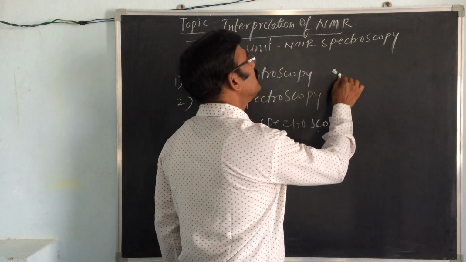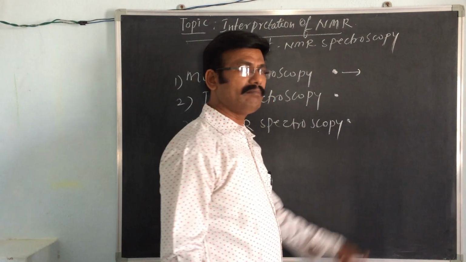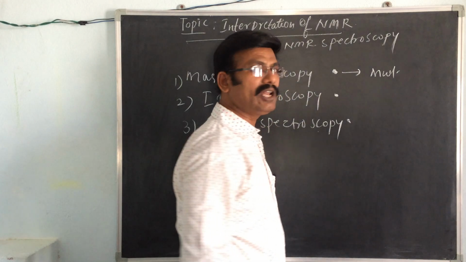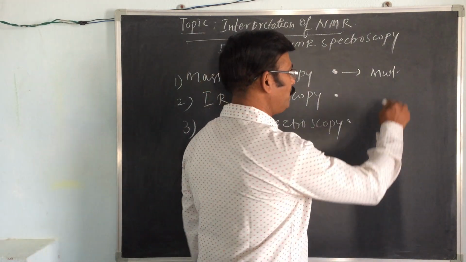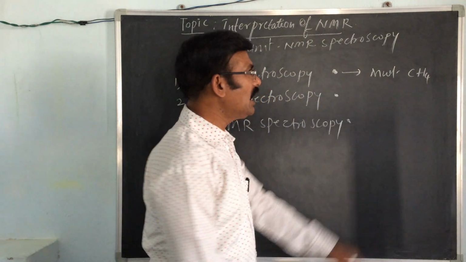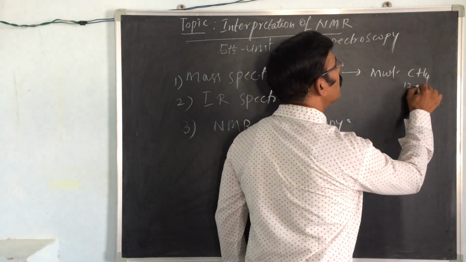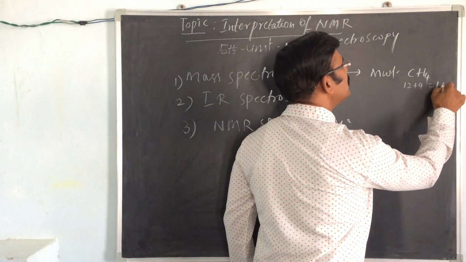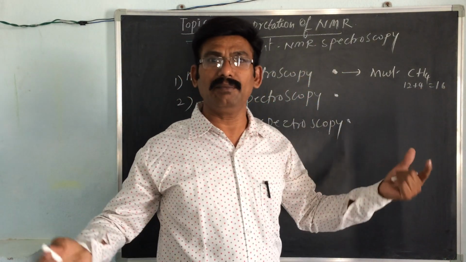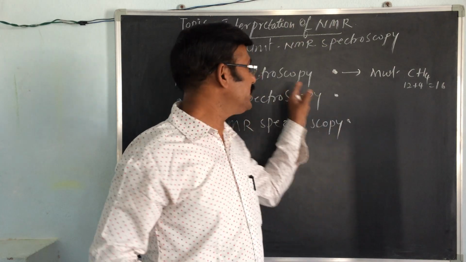This sample is given for analysis and the molecular weight will come. For example, CH4, methane. Its molecular weight: carbon is 12 plus 4, 16. The mass. But it cannot give the structure. Just the mass peak will come in the spectrum.